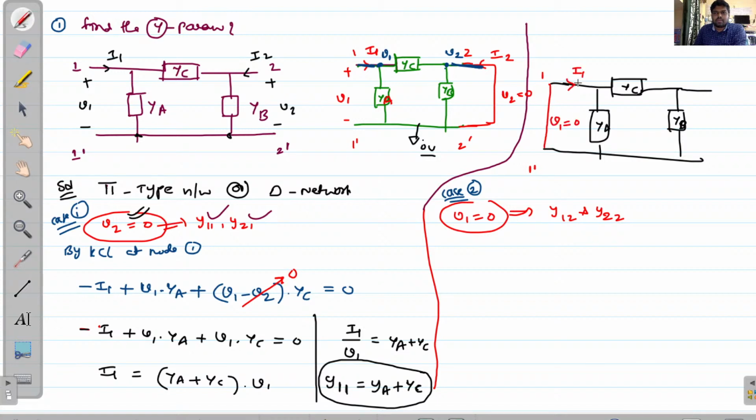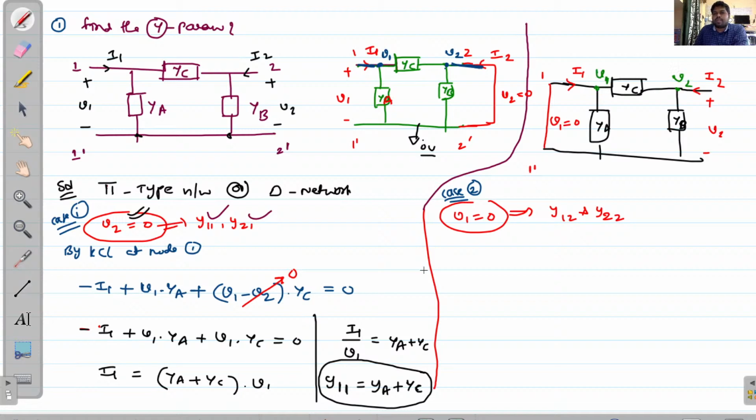This is I1 current, and here we have V2, and this is I2 current. Now across this element we have a voltage drop V2, and in between these two we don't have any other element, so the same voltage appears across this particular node. So that is V2. Same here, that is V1.